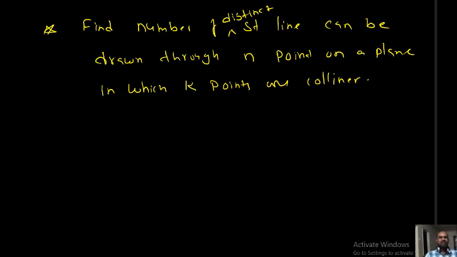So the important thing is that distinct straight lines are required. What happened here? Some points are collinear, k points are collinear.